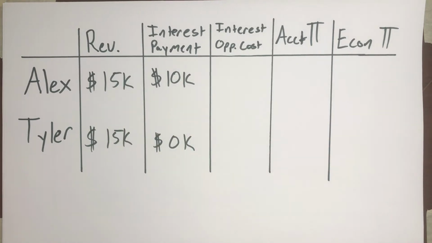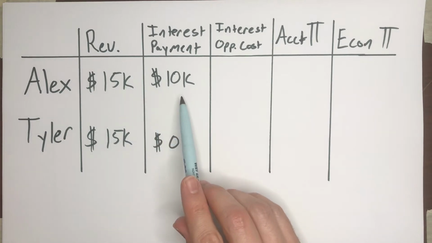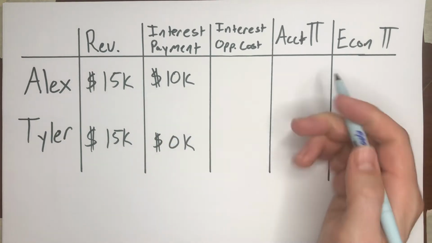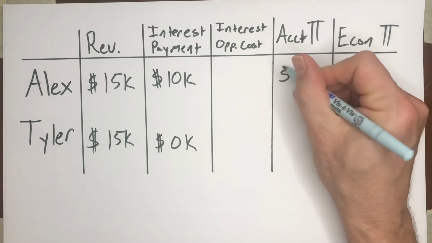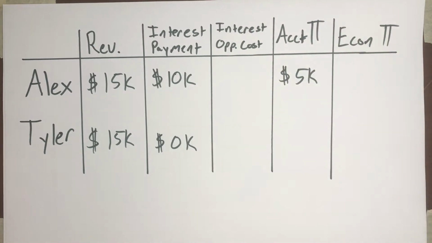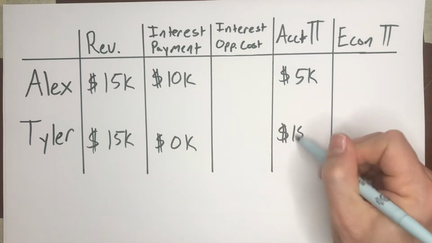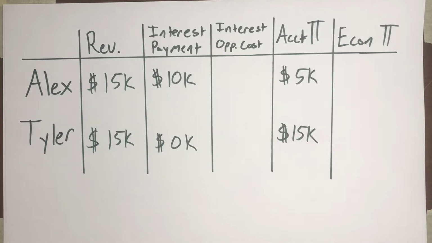All right. Then it says, at the end of every year, Alex pockets $5,000, which is the $15,000 in revenue minus the $10,000 interest cost. So his accounting profit is $5,000. While Tyler pockets $15,000. It's tempting to conclude that Tyler's well is more profitable, but that would be a mistake.